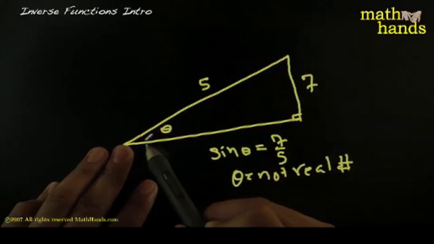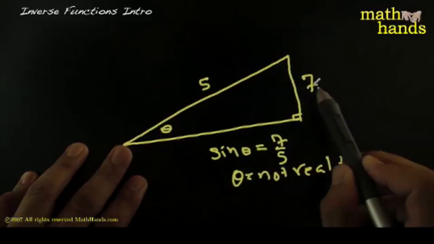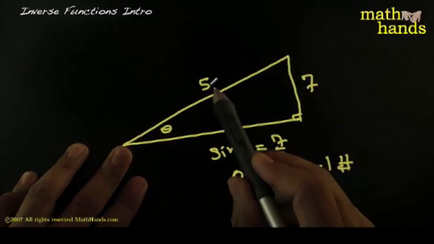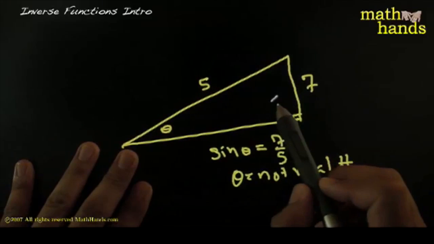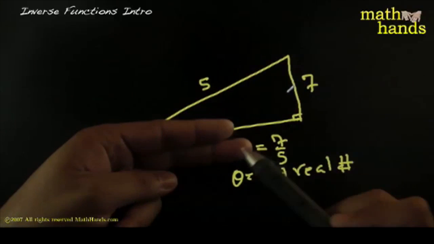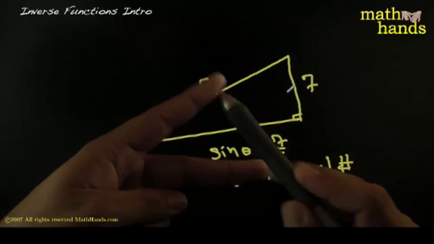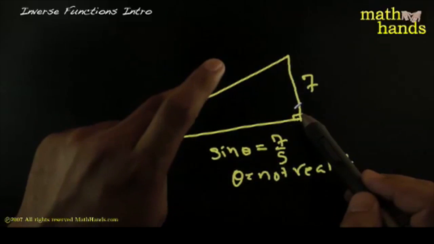Well, here's the deal. On a real Euclidean triangle, the opposite side is 7, hypotenuse is 5. That's not real. That can't happen in real geometry. We agree that on real triangles, bigger angles make bigger sides. 90 is the biggest angle, so this side has to be the biggest.